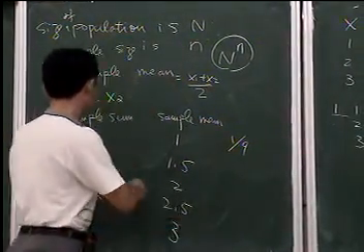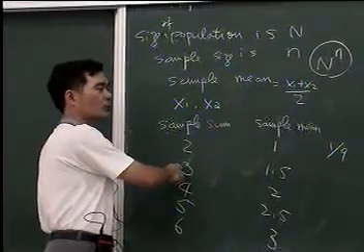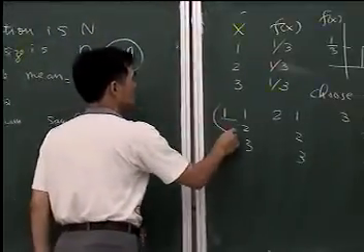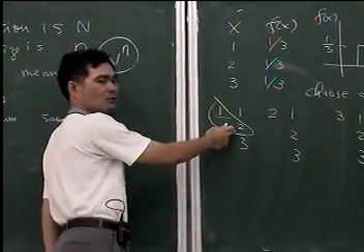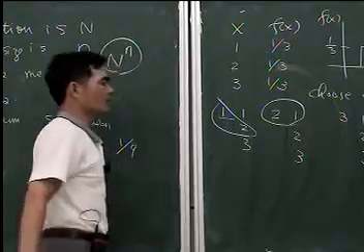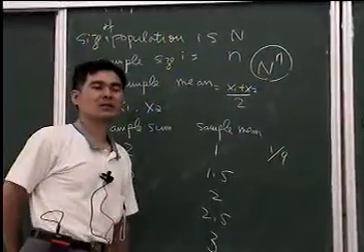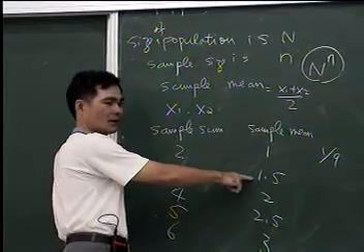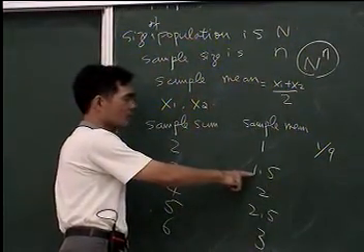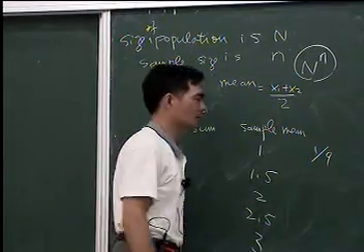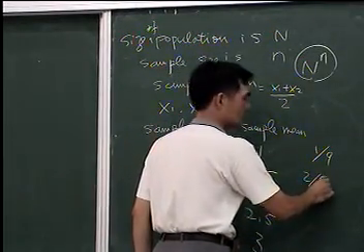But then 3, okay? For 3, you have several possibilities, okay? 1 is here, because 1 plus 2 is equal to 3, okay? And 1 is here, okay? So then, what's the probability that you get a simple sum 3, or in this case, it is the same thing as simple mean 1.5. What's the probability? It should be 2/9, right?